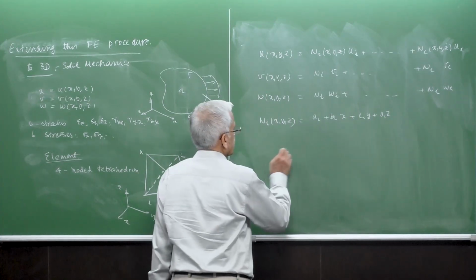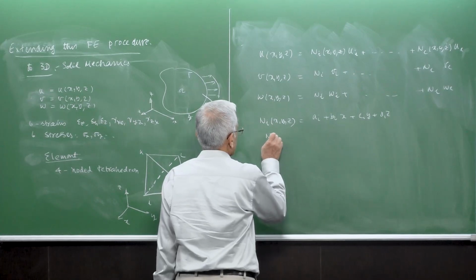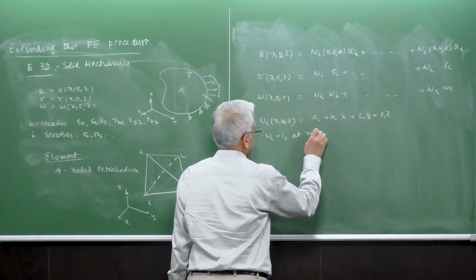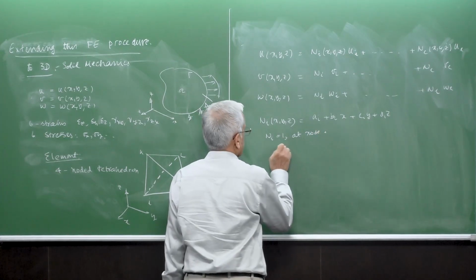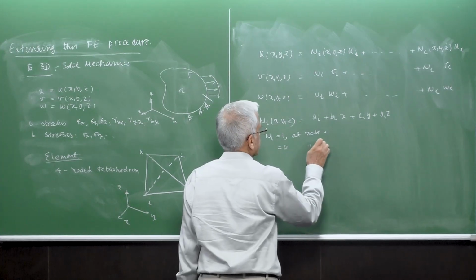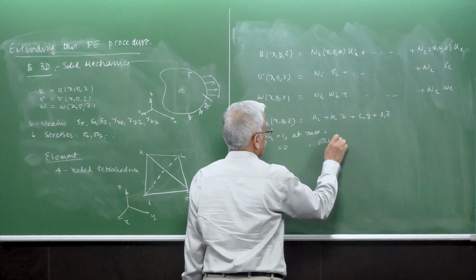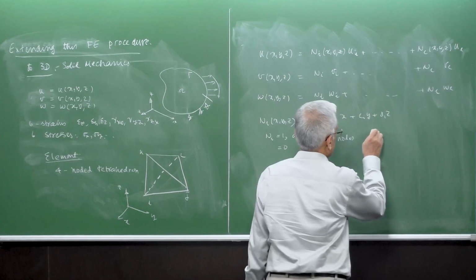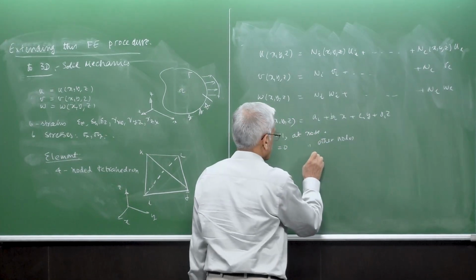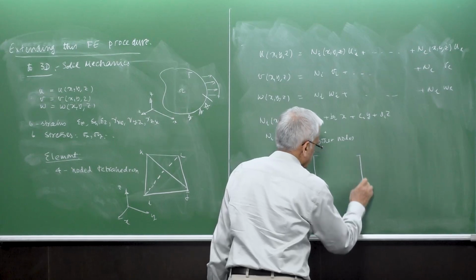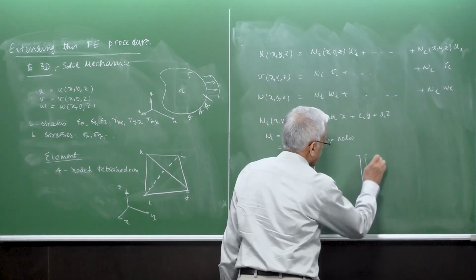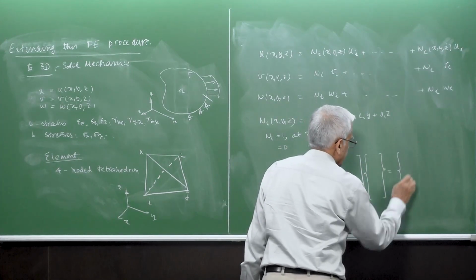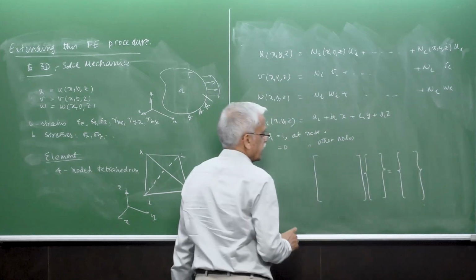So if you use that, Ni is 1 at node i. That means at xi, yi, zi, and 0 at the other nodes. So this is the information which we have for Ni, and then we can use this information to get ai, bi, ci, di.